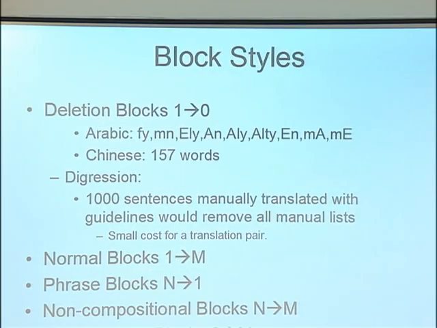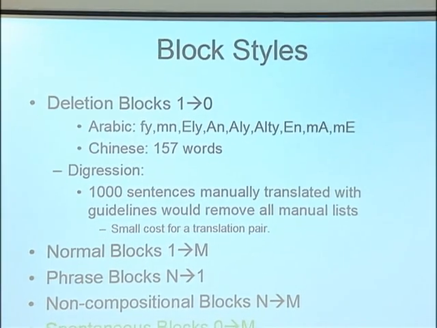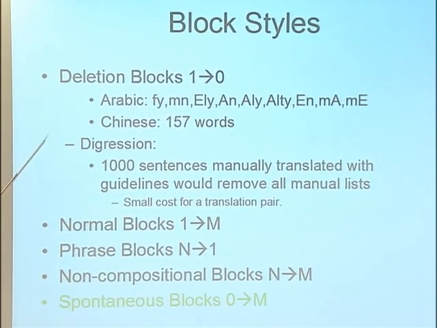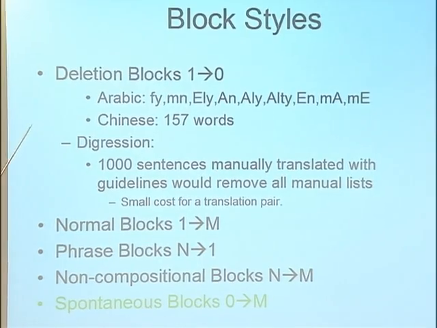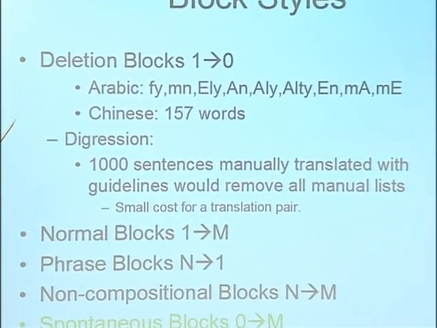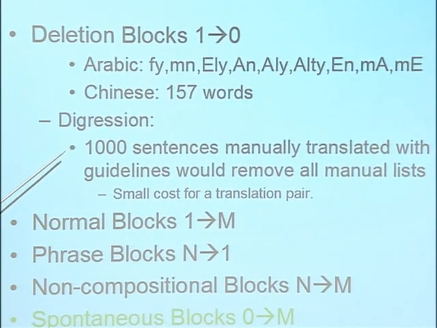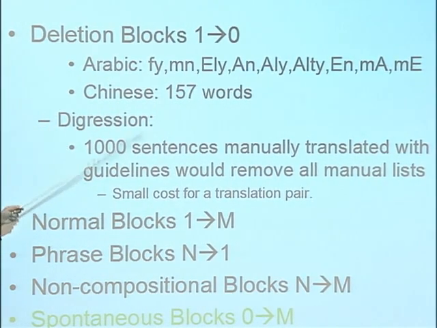Okay. So now I've described to you the process and so on. So we said, okay, maybe phrase decoders just have n-gram type blocks. Maybe we could define some terminology for our types of blocks. And so what we have are the following set of block types. We have deletion blocks. This is essentially a source position that produces nothing. Okay? And for Arabic, it seems to be a small set of words that can produce nothing.